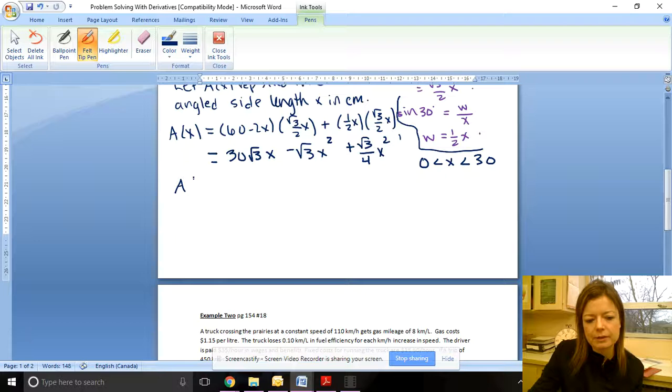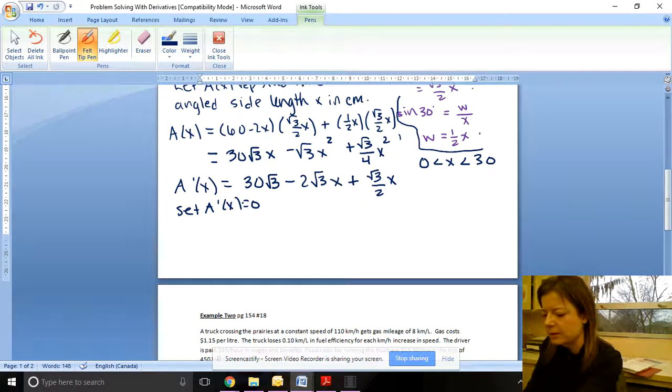Let's take the derivative. So this becomes 30 root 3, and then minus 2 root 3 x plus, so this would be 2 over 4, so it becomes root 3 over 2 x. Now we want to set this equal to 0 and solve.